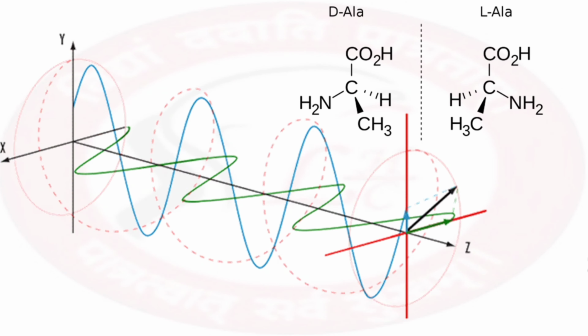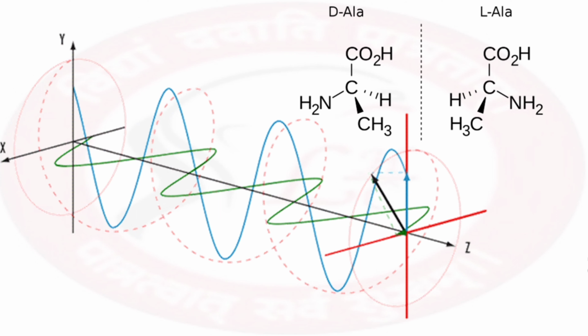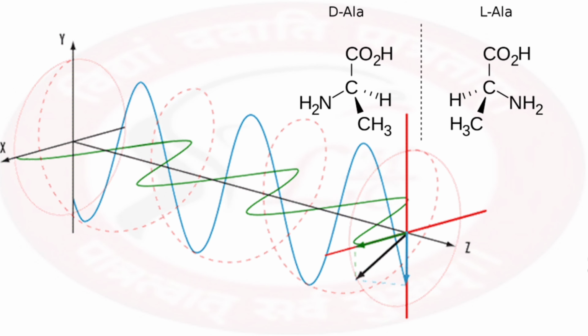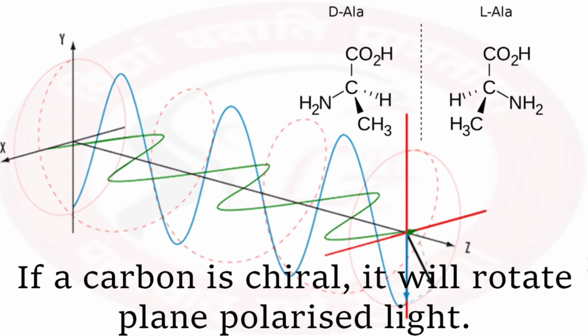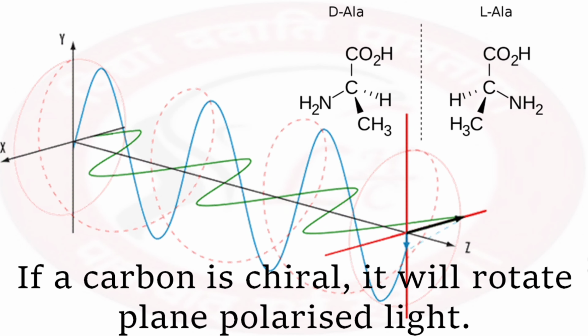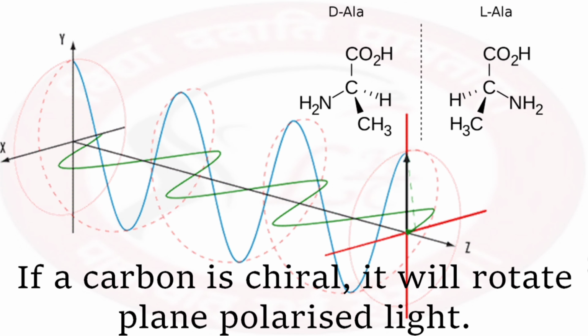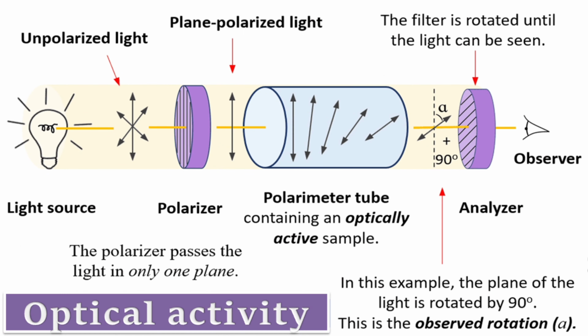So this way there is a strong relation between the rotation of plane polarized light and chirality of the carbon atom. If a carbon is a chiral carbon, means it is having asymmetry, then it will surely rotate the plane polarized light to a certain extent from 0 degree.